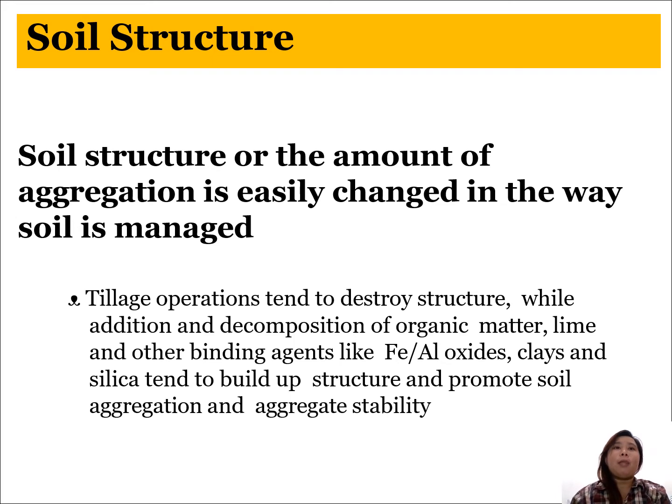For example, tillage operations tend to destroy structure, while addition and decomposition of organic matter, lime, and other binding agents like iron and aluminum oxides, clays, and silica tend to build up structure and promote soil aggregation and aggregate stability. So, soil management could either destroy or develop aggregation and aggregate stability.